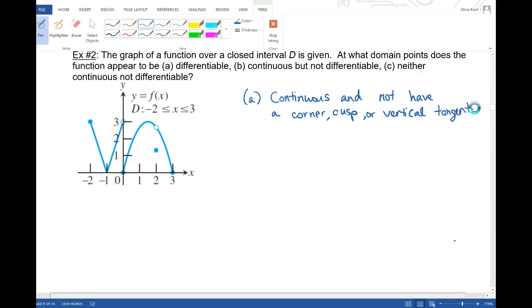If I say at what domain points, now I want intervals. So from -2 to -1, and then -1 to 0, and then 0 to 2, and then 2 to 3. And we just include the endpoints.